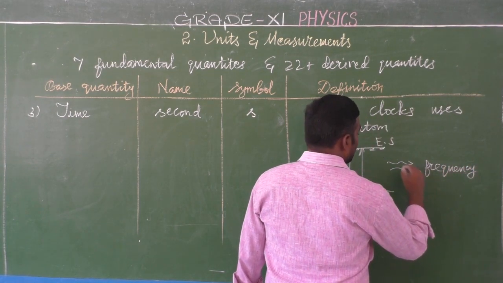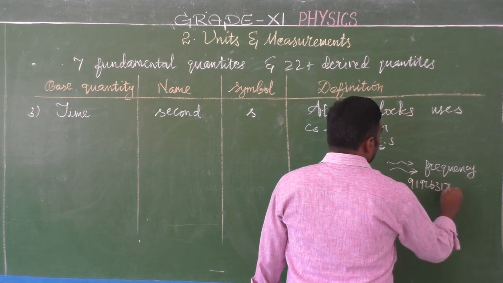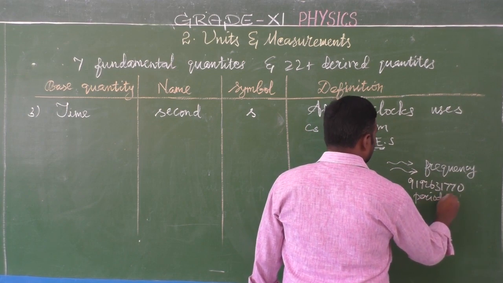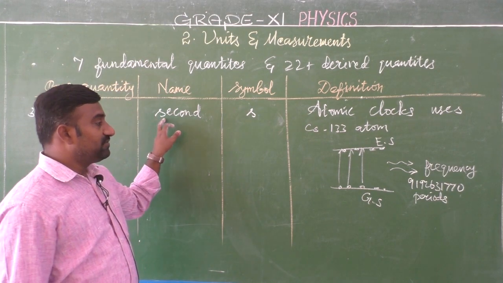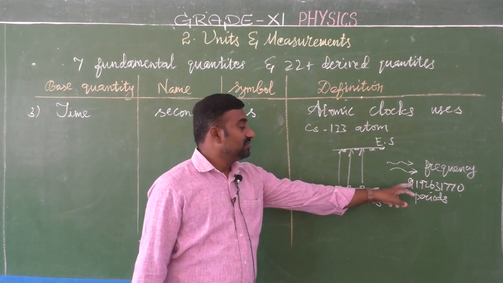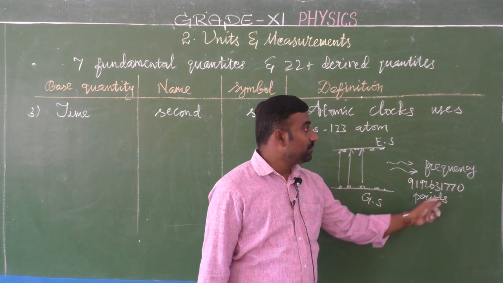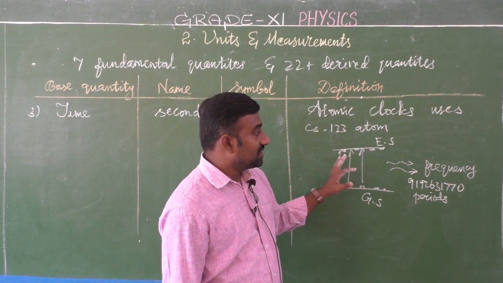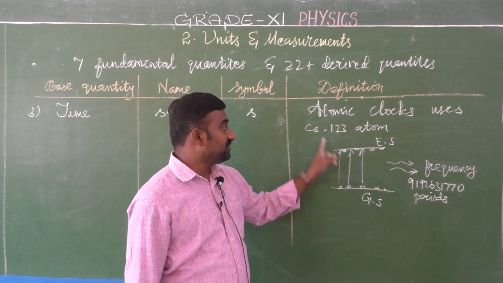What is the frequency? The duration is 9192631770 periods. So the definition of second is given from the duration of 9192631770 periods of the radiation that corresponds to the transition between two hyperfine levels of what atom?